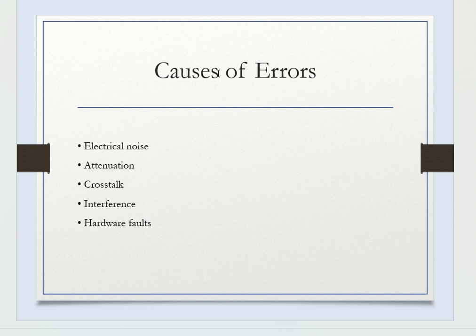Hardware faults: faulty network devices like routers, switches, or cables can cause intermittent or consistent errors in the data transmission, and may lead to repeat transmissions or complete communication failure.